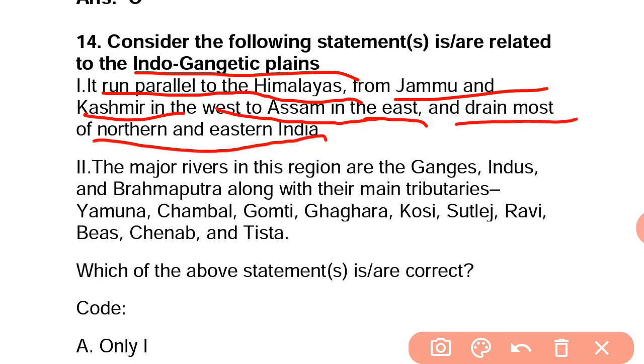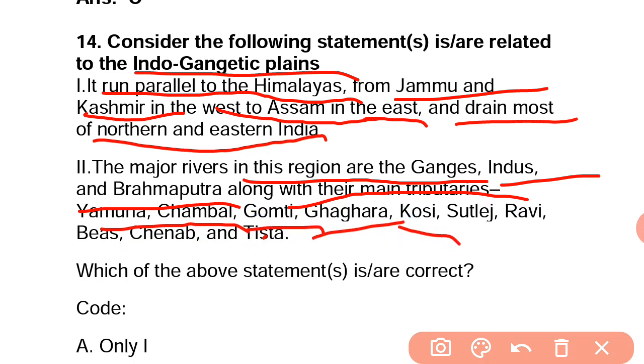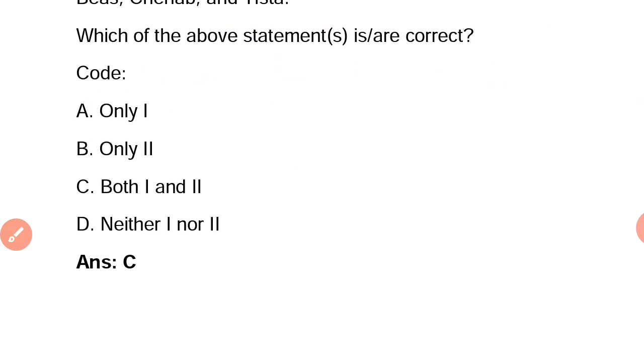The major rivers in this region are the Ganges, Indus, Brahmaputra along with their main tributaries Yamuna, Chambal, Gomati, Ghaggar, Kosi, Sutlej, Ravi, Beas, Chenab and Tista.